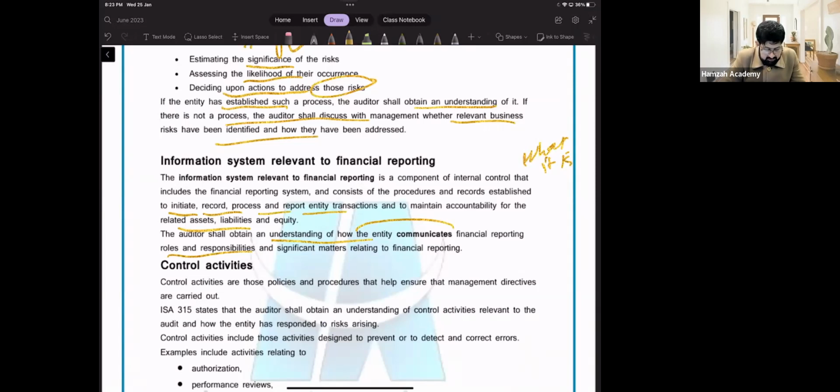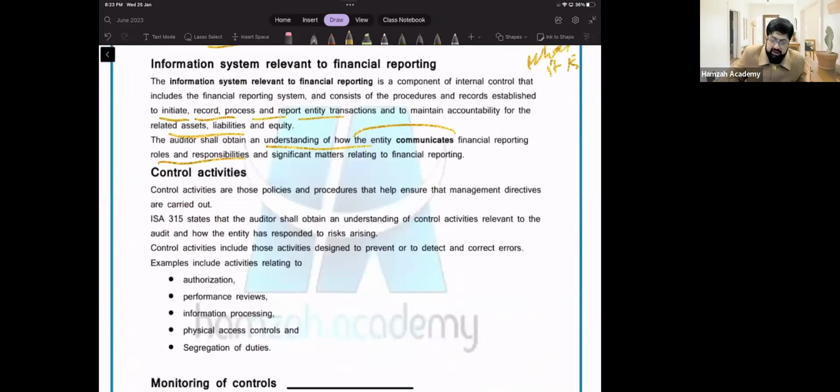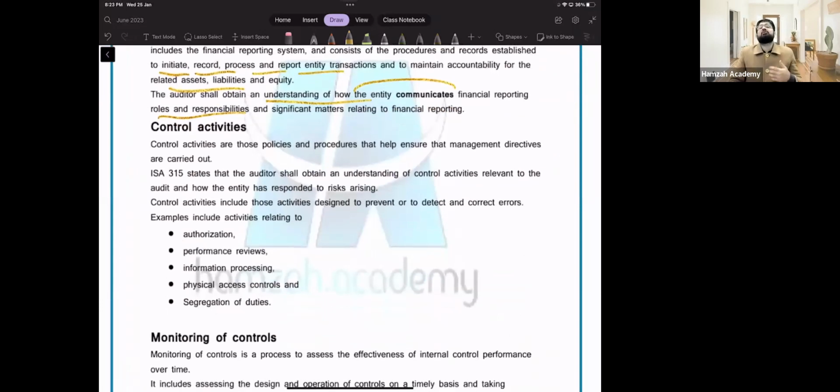Let us proceed further. Control activities. Now, what are control activities? Specific steps that you will authorize, you will produce a document, you will sign it, you will give money, you will receive goods.